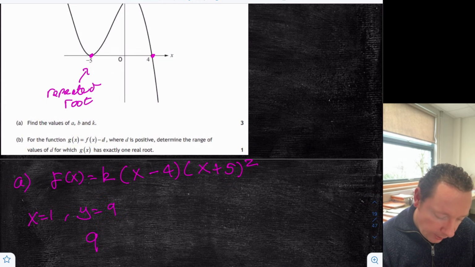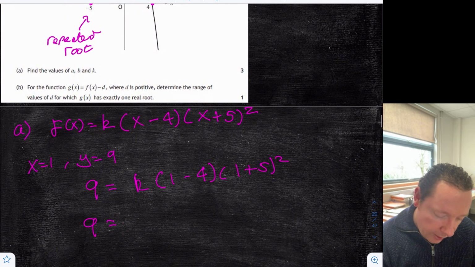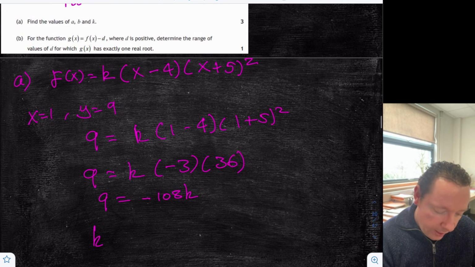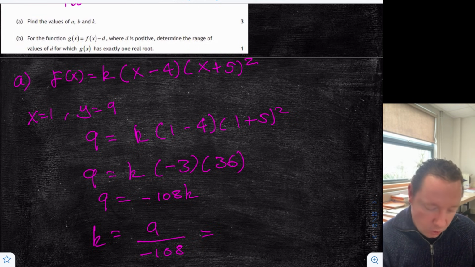So we get 9 equals k times 1 minus 4, times 1 plus 5 all squared. So 9 equals k times minus 3. 1 plus 5 is 6, 6 squared is 36. So 9 equals minus 108k. So k is 9 over minus 108, which is minus 1/12.